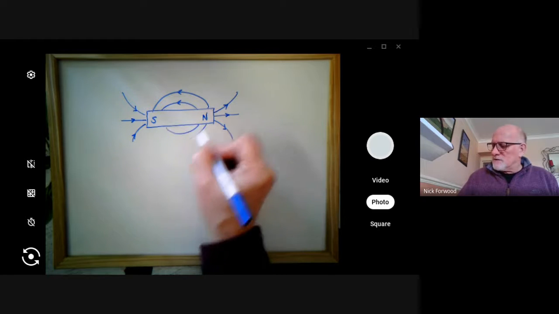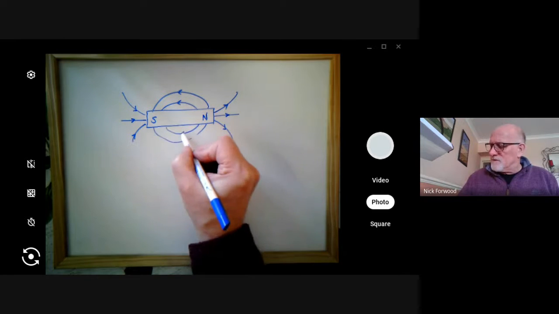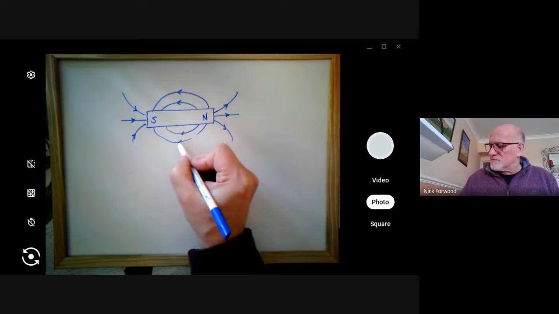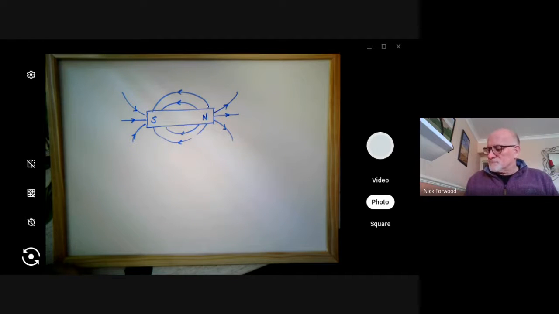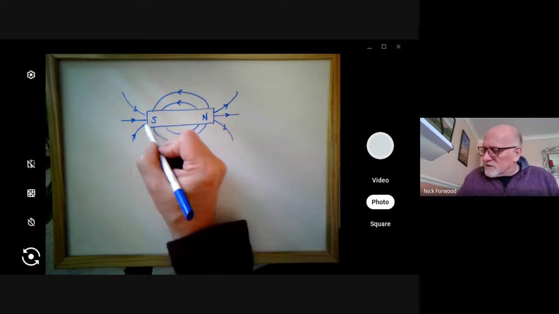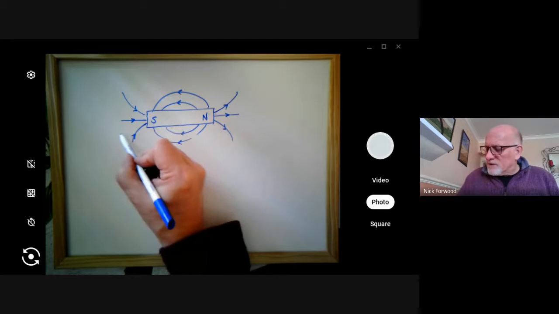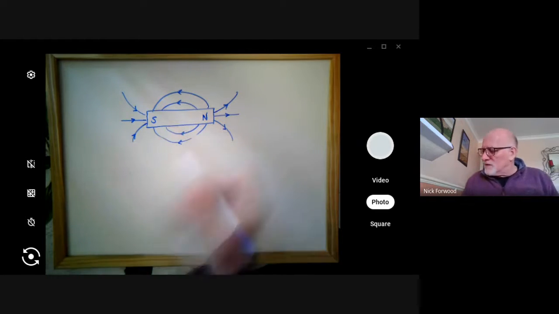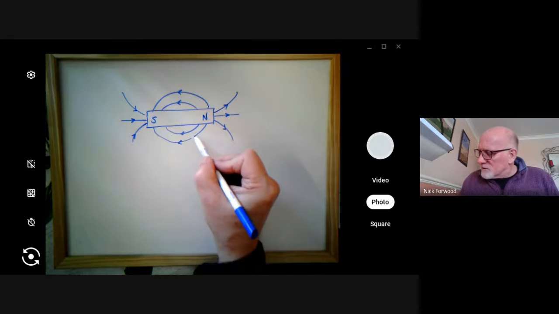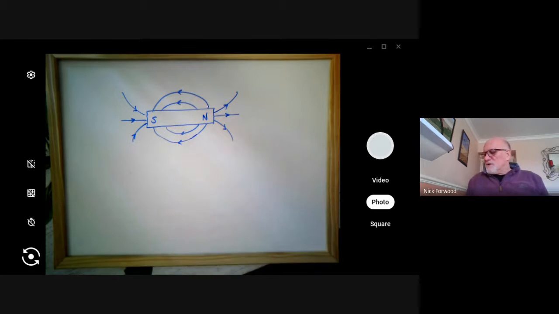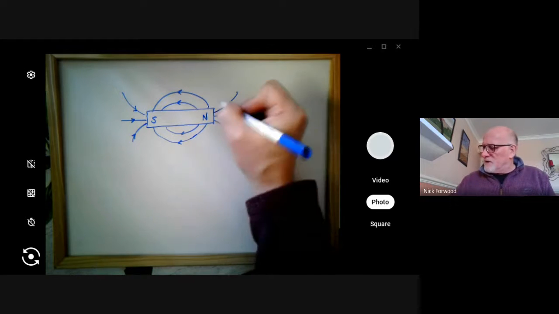And another little thing is that if the field lines are close together, the field is strong. They're very close together here, but they're further apart here, so the magnetic field is weaker. Of course, you want a continuous line all the way around. So that's the magnetic field around a bar magnet.